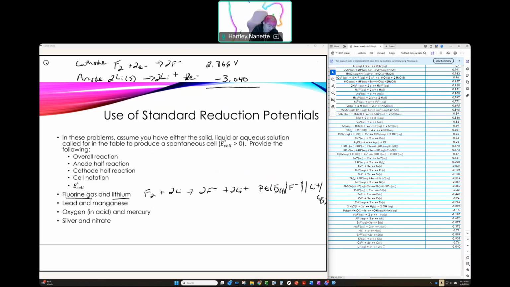So that, oh, sorry, the E naught cell is equal to the E naught reduction for the cathode minus the E naught reduction for the anode, which then means we would have our reduction for the cathode 2.866 volts minus the negative 3.040 volts. Okay, and that would give me a huge value. It actually does. What is that value?